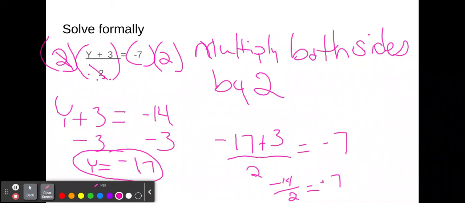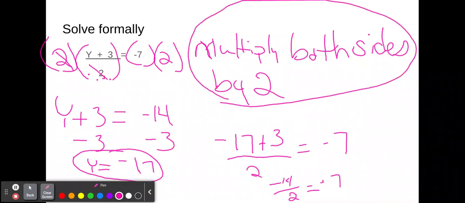So here our first step was to multiply both sides by the 2, as well as just simply solving those out and showing your work steps. So do the best you can with solving those out. If you have questions, let me know via the email, and we'll see if I can help you out. All right.